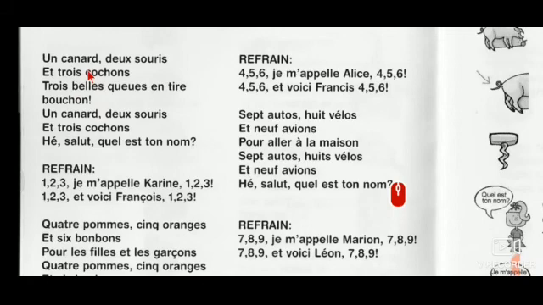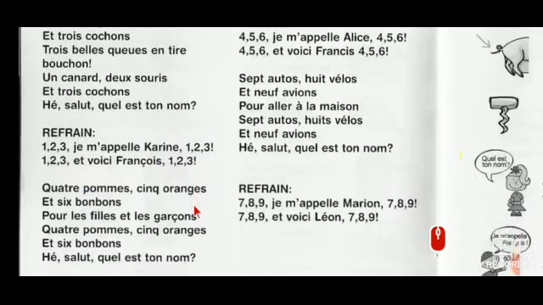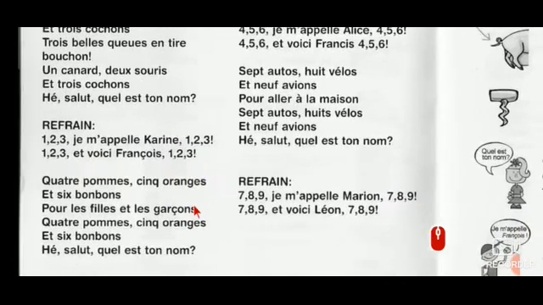Un canard, 2 souris et 3 cochons. 3 belles queues en tire-bouchon. Un canard, 2 souris et 3 cochons. Et salut, quel est ton nom? 1, 2, 3, je m'appelle Karine. 1, 2, 3, et voici François. 4 pommes, 5 oranges et 6 bonbons.